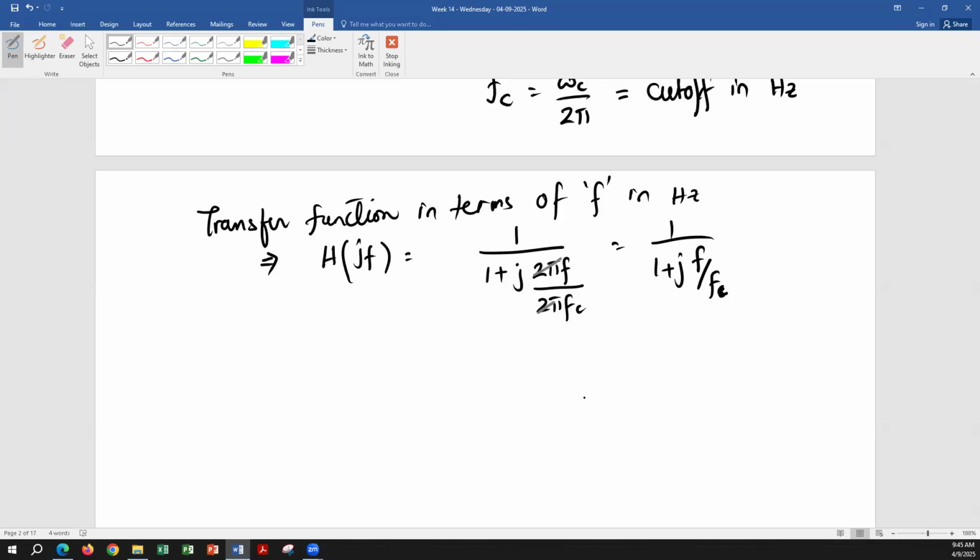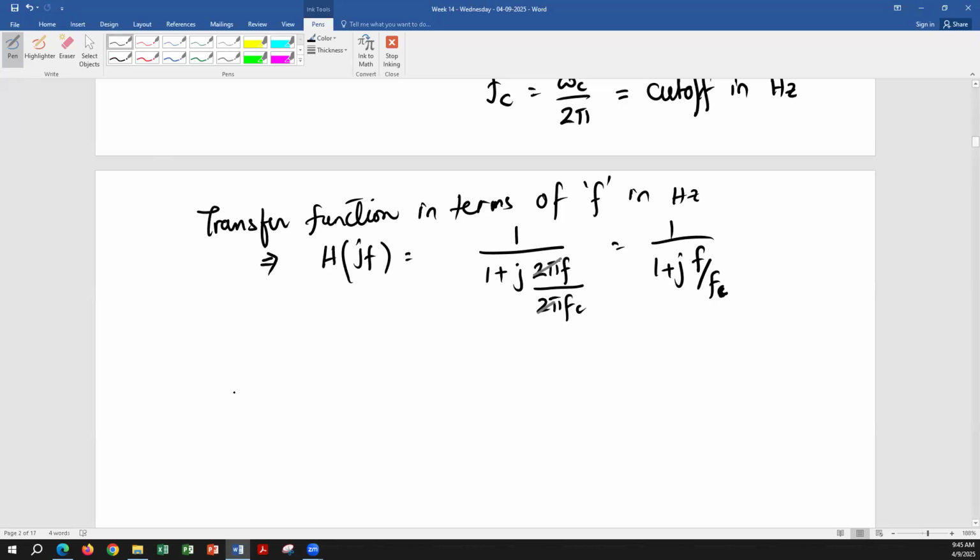The low pass filter response that we just discussed is a magnitude response. The magnitude is high at low frequencies, magnitude is low at high frequencies, right? And then you have the phase response, or angle response: how the phase of the filter is changing as you change the frequency. To plot and understand the magnitude response and phase response, we have to write down their expressions.